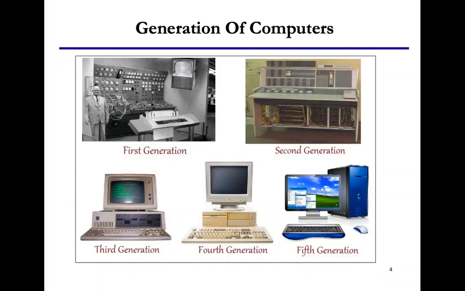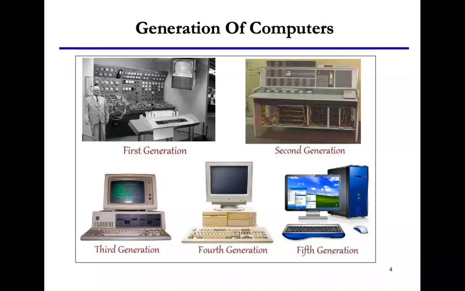The first generation of computers was based on vacuum tube technology used for calculations, storage, and control. This first generation computer was invented in the year 1904 by John Ambrose Fleming.